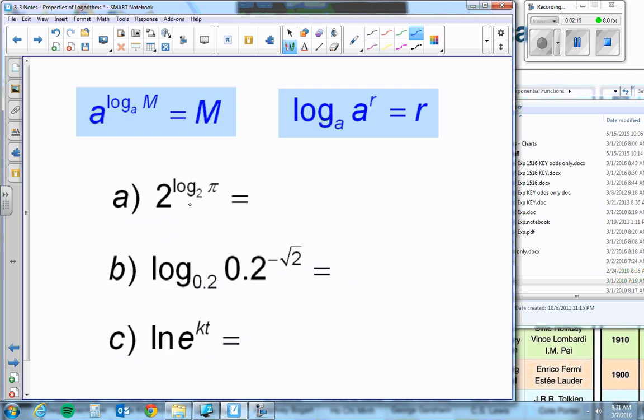Now, so let's answer the first one. And write these down. The next one, you just have negative square root of 2 is the final answer. And the last one? Because natural log means log base e, so it's the same rule applied. Although I wouldn't, you should just know natural log cancels base of e.